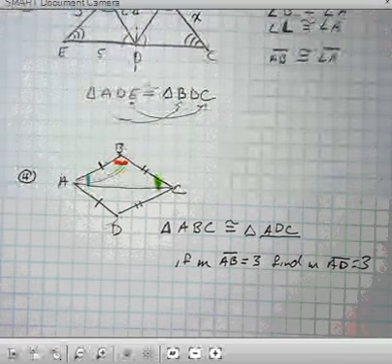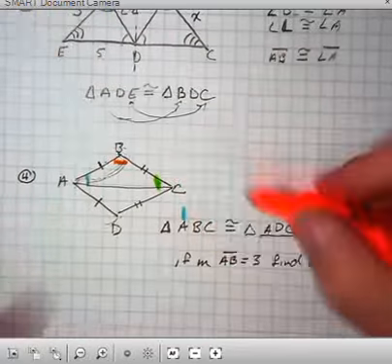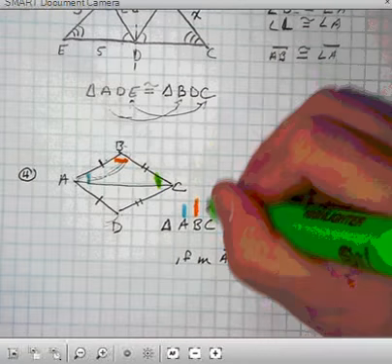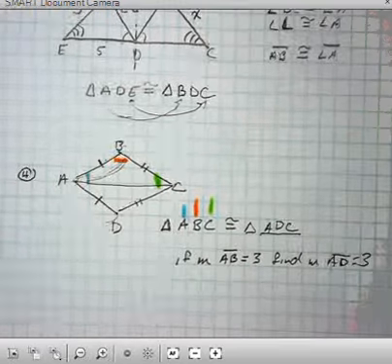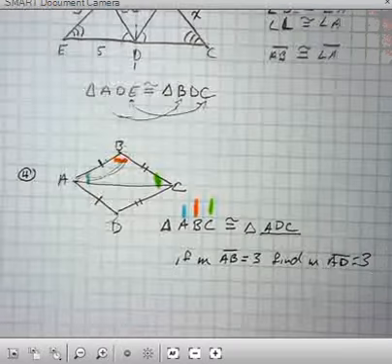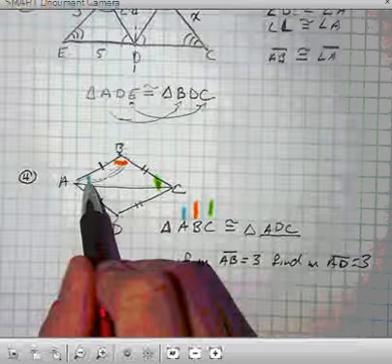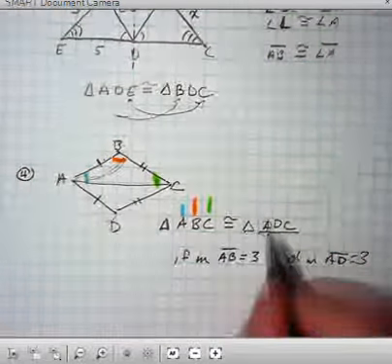So that means that my A is blue, my B is orange, and C is green. This has to be blue, orange, green. It has to match up in the same order. So that angle right there is my first angle, so that angle has to match up with my first angle here.